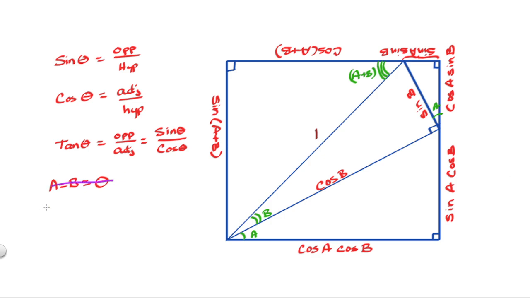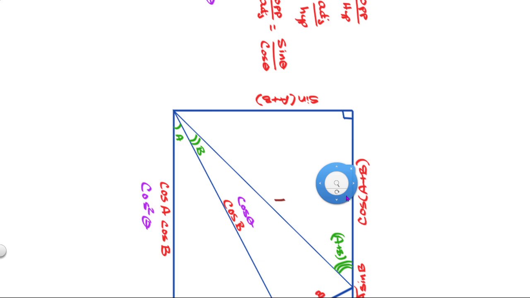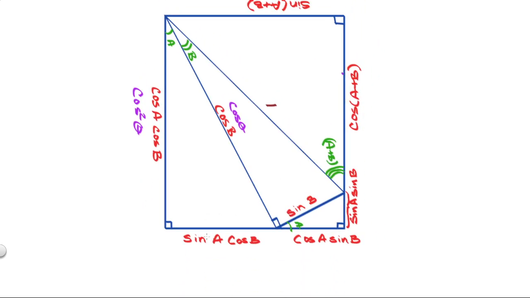We'll say if A is equal to B is equal to theta, we'd have cosine theta times cosine theta, which becomes cosine squared theta. That'd just be cosine theta. We'll spin it around here again. And over here we would have sine theta cosine theta. Here would just be sine theta.